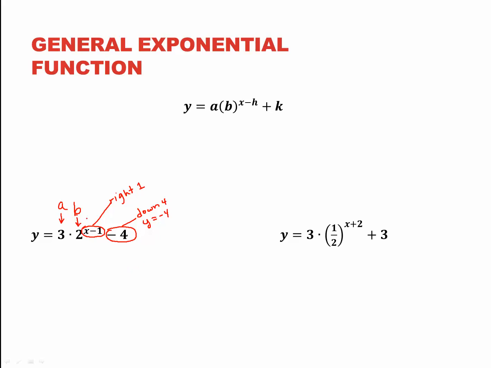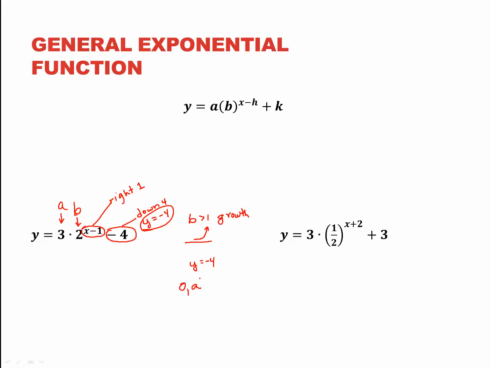Let me see. b is a 2. So since b is greater than 1, that means it's growth. A is positive, so it's regular growth. Right, so the function is going to look like this. And I already know what y is. y is -4.